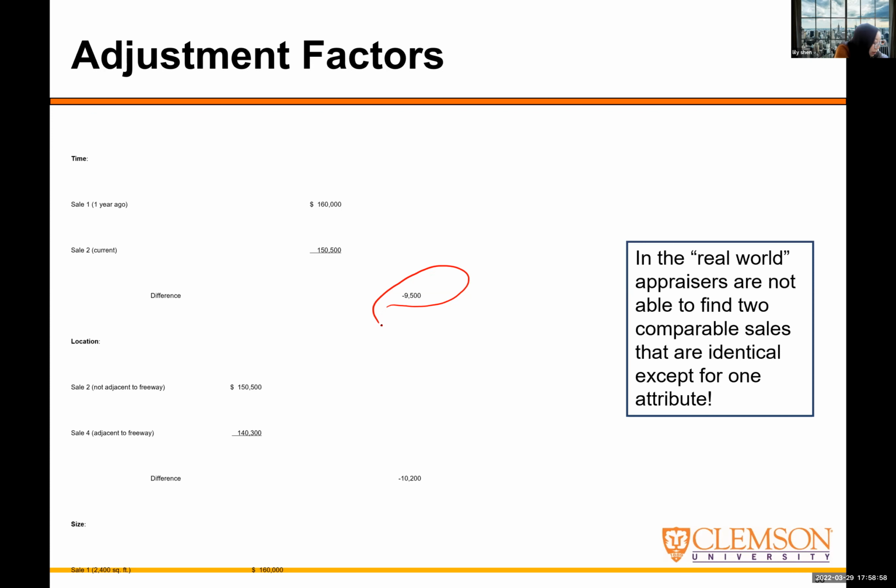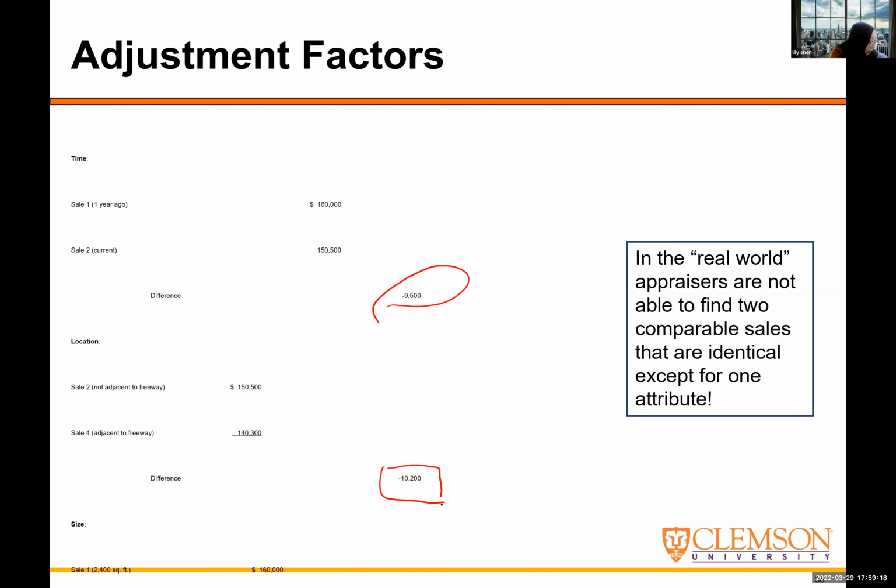Based on comparing comparables 2 and 4, which are identical except that 2 is not adjacent to a highway and 4 is adjacent to a highway, we know the discount for living next to a highway is 10,200.